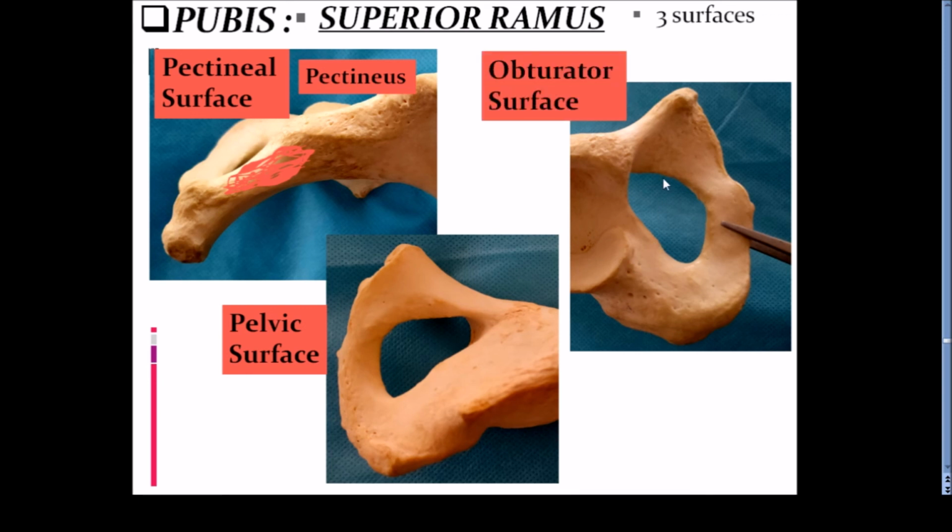This obturator surface lies between the anterior rounded border and the inferior border. So this is the obturator surface of the superior ramus, and this is the obturator groove. The contents passing through this obturator groove are the obturator nerve and vessels.